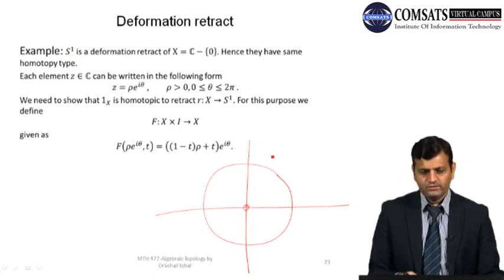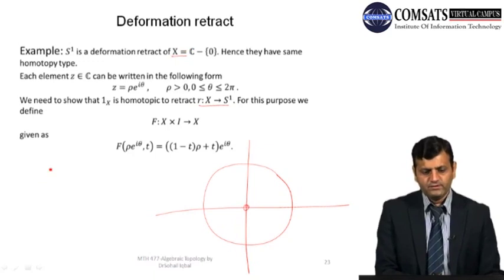Of course we have to show that this r is homotopic to the identity map of X to X. So 1_X, where X is equal to C minus 0, is the identity from X to X, and we have to show that it is homotopic to this retract.